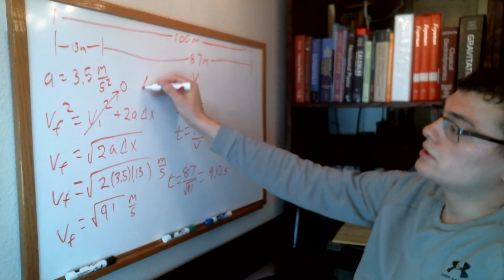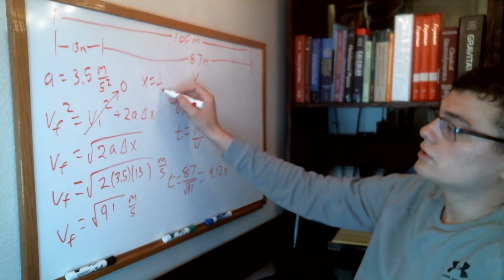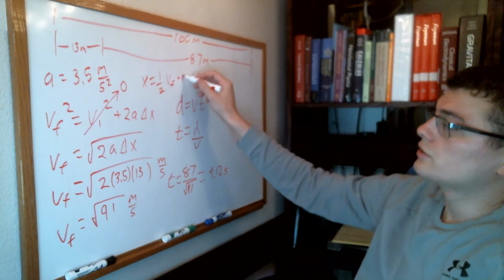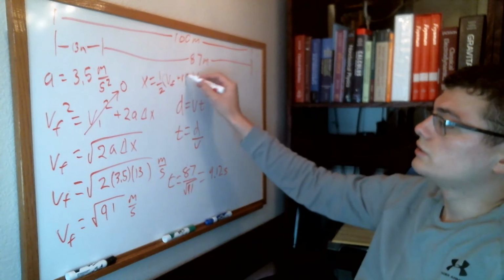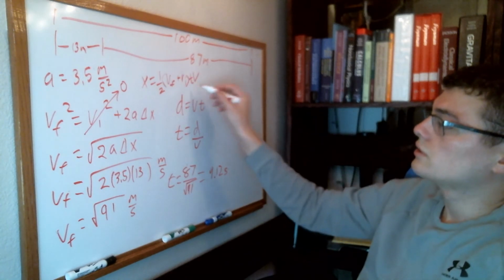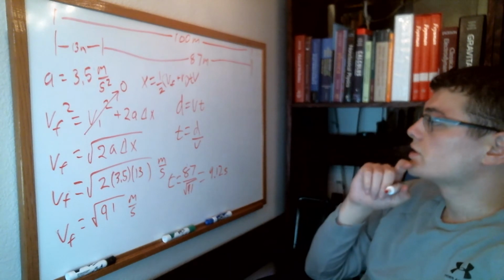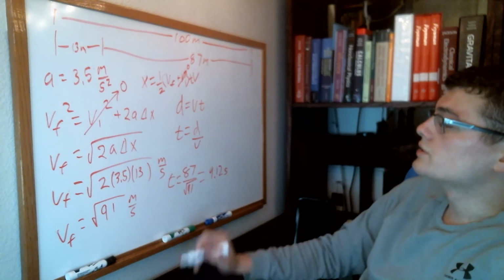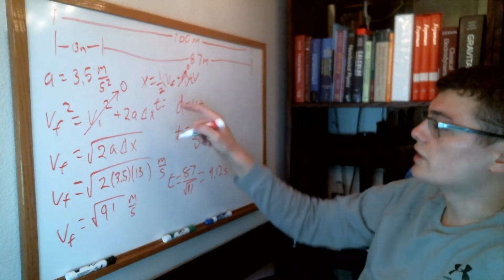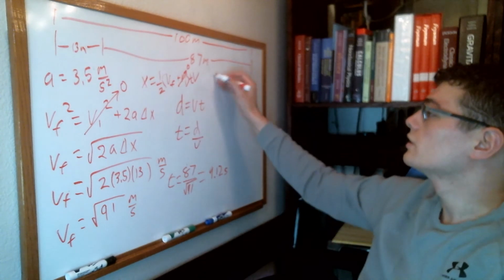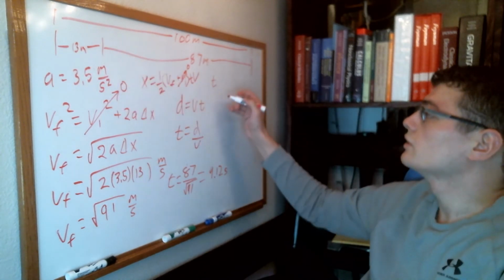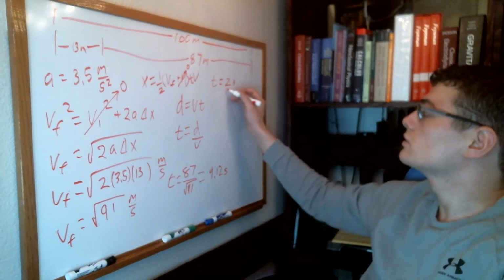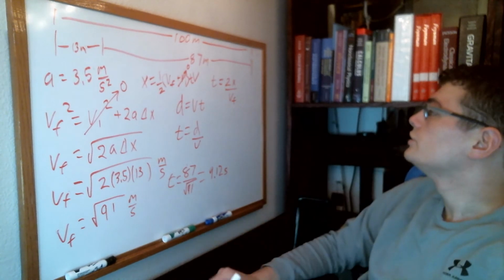We can use our formula from before, where it's 1/2 (Vf plus Vi) times t, and we know what x is, and Vi, since he starts from blocks, is going to be equal to 0. So then we can say that t for this interval here, I'm going to write this over here, is going to be equal to 2x over Vf.